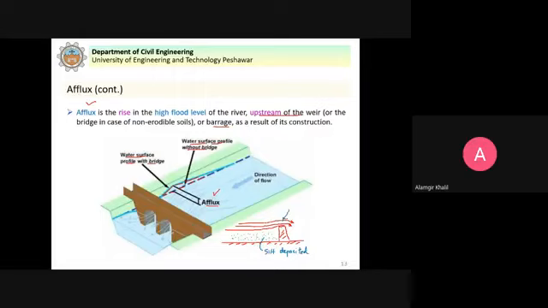And what we expect here is the silt free water flowing over the weir. So this is silt free or minimum silt, clear? So we can say silt free water.